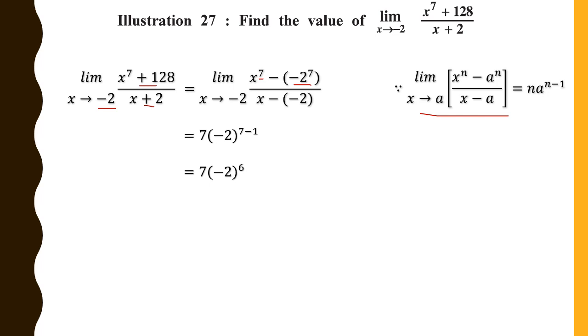Now remember, when negative value has odd powers, they remain negative. But when negative values have even power like 2, 4, 6, they become positive. So negative 2 raised to 6 makes it 64, multiplied by 7, your answer is 448. So this is the limiting value for this equation.